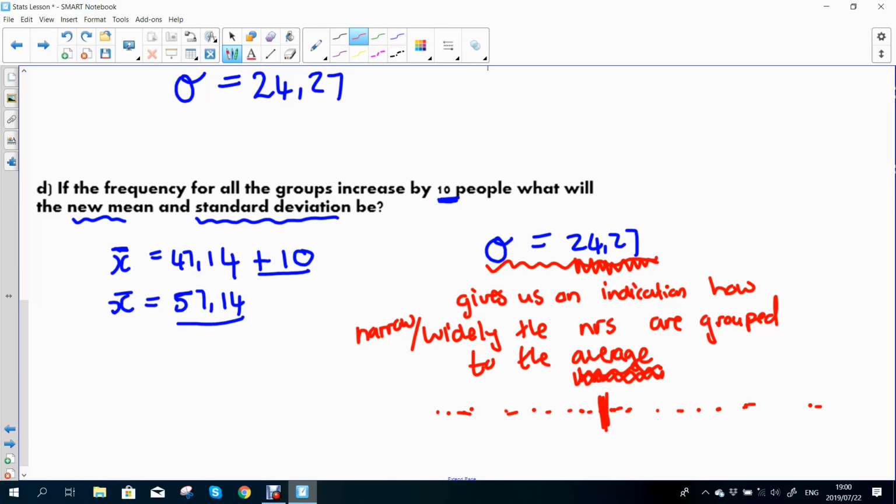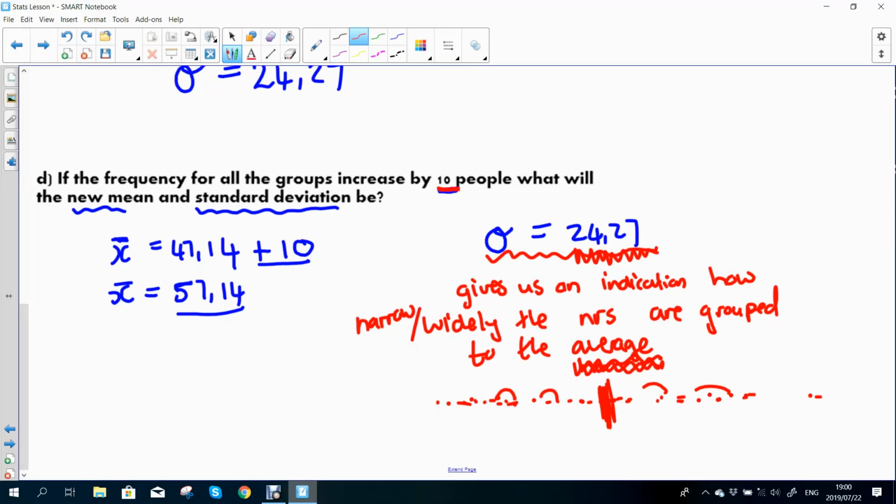So if I decide to add 10 to every single total, will that change the differences away from my mean? No, it won't. If I just add 10 to every single value, all of this will just move up, but the distances from the average will not change.